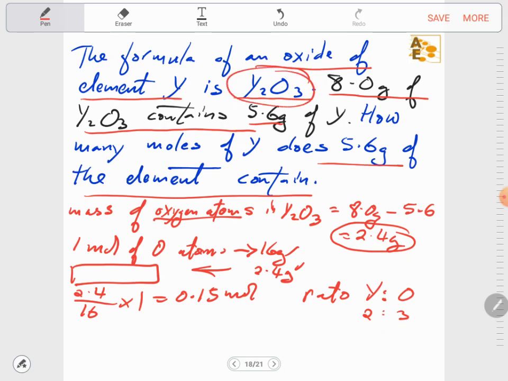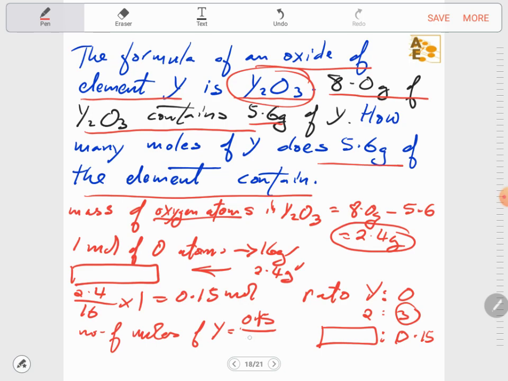We already know the mole of oxygen is 0.15, so obviously we can find the number of moles of Y. The number of moles of element Y will be equal to 0.15 divided by 3 times 2, that is 0.1 mole. Done deal. Very easy. Simple. Very simple.